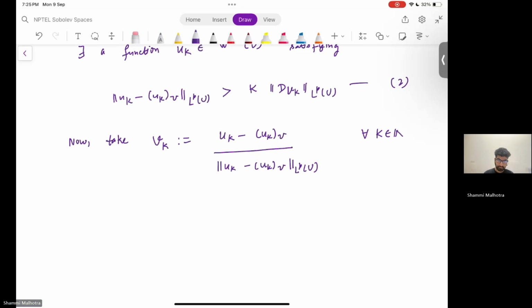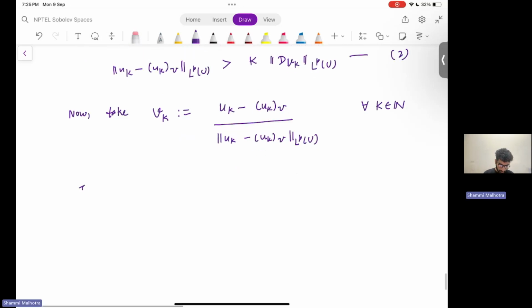Then the average integral of v_k over U is 0, and v_k has the L^p norm equal to 1. This is a direct computation.